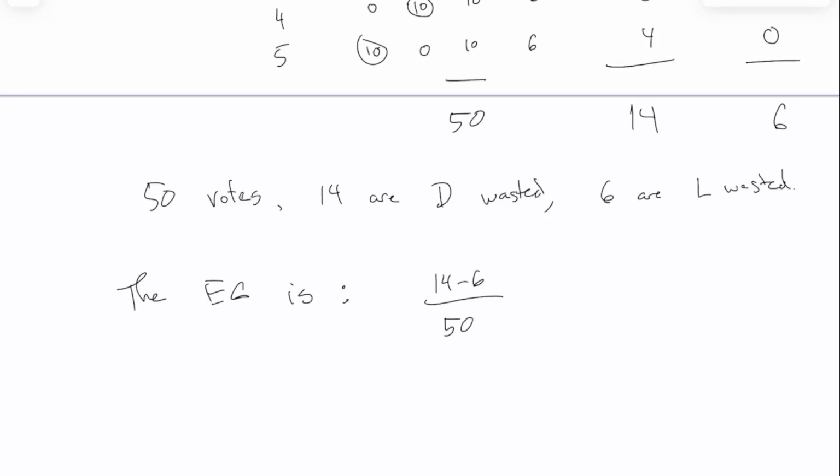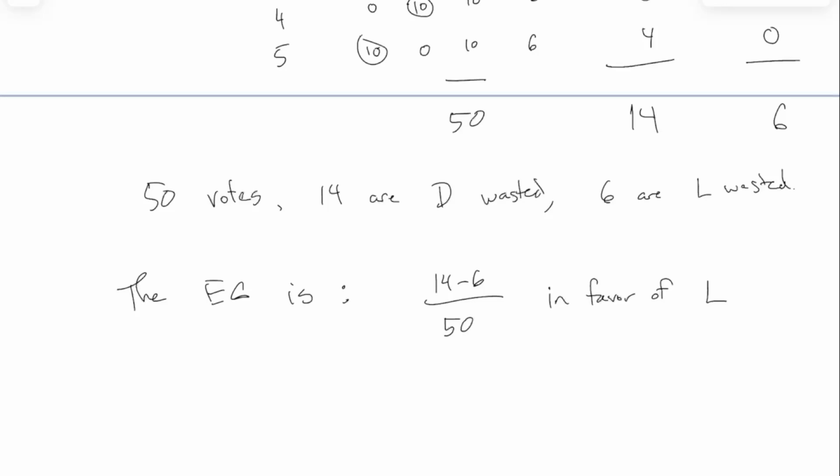The denominator is always the total number of votes, and the numerator is the difference between who's wasting more versus who's wasting less. And we say in favor of the L. That's because D is wasting more, and so this map benefits the L, and it hurts the D.